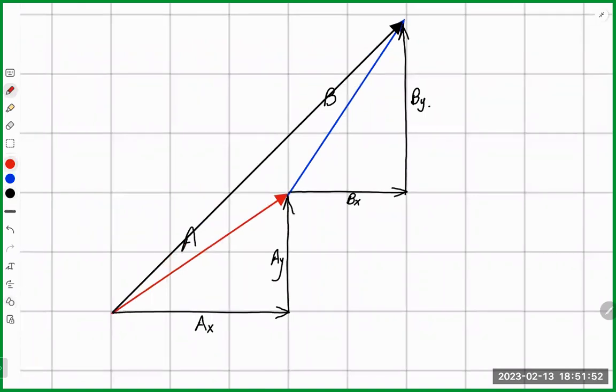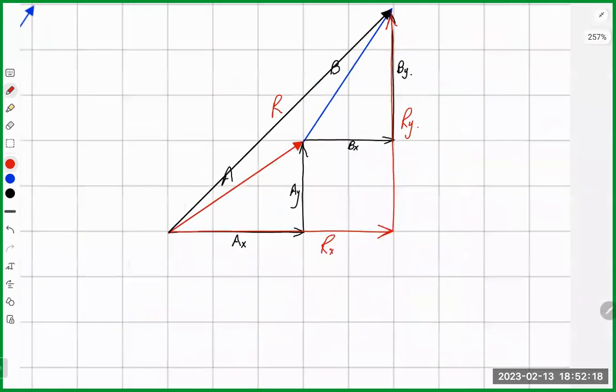Do you think this will be the resultant's X component and this red one upward is the resultant's Y component? Pay attention over here. This is the resultant.